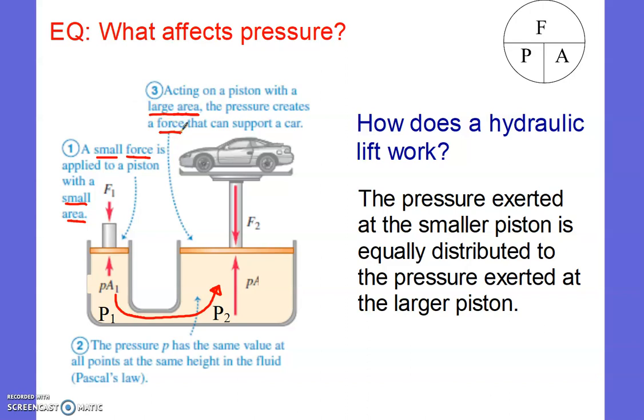So the pressure exerted at the smaller piston is equally distributed to the pressure exerted at the larger piston. But because it has a larger area, it will have a larger force at the larger piston. This is the idea of Pascal's principle, that the pressure is transferred from one location to another. It is transferred throughout the entire fluid.